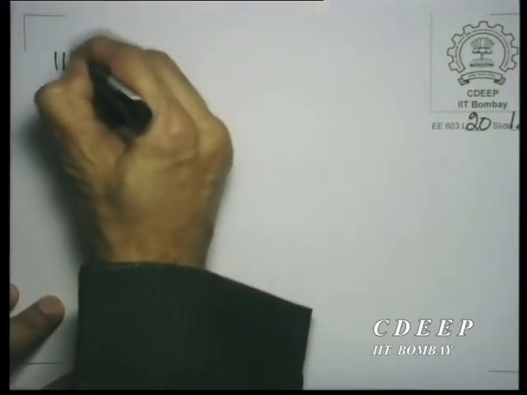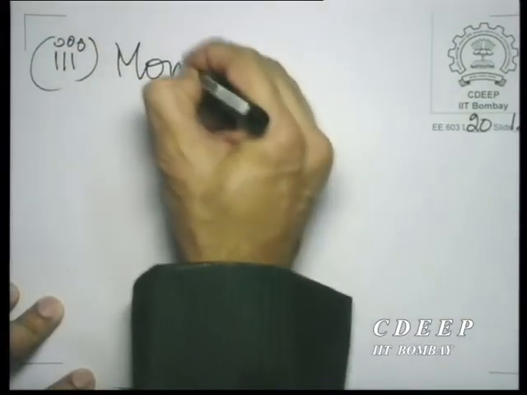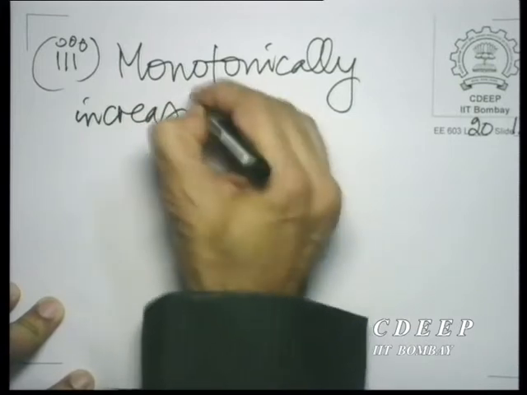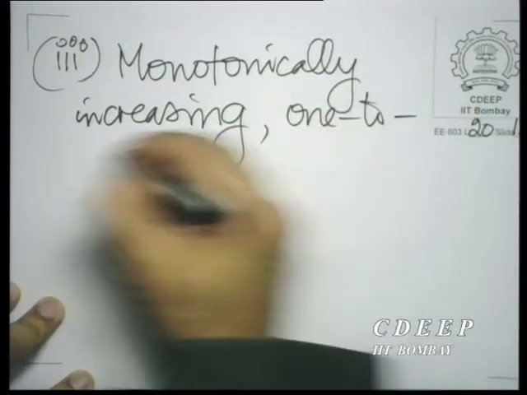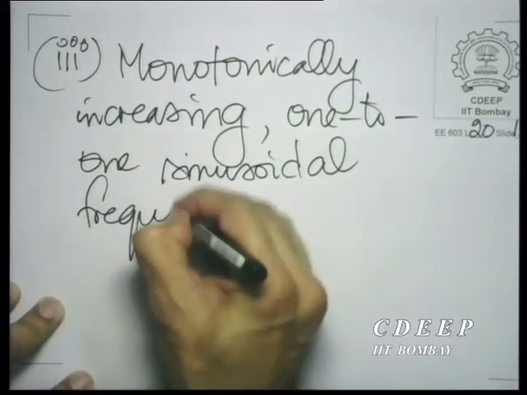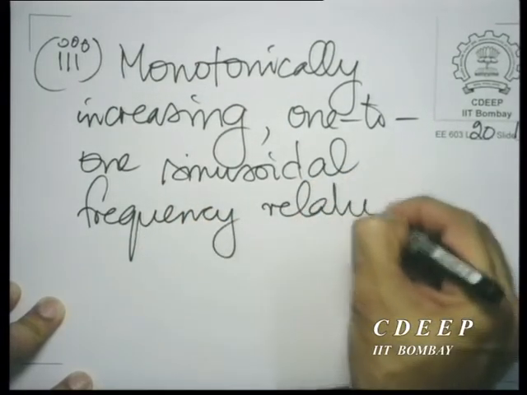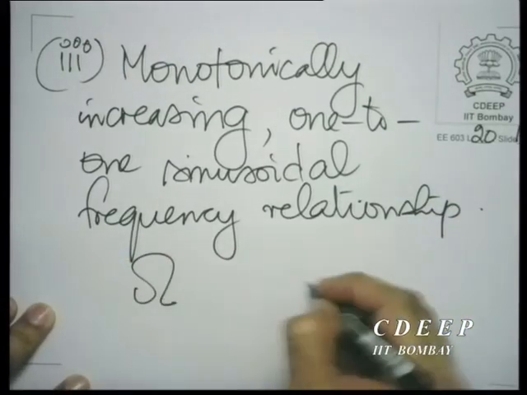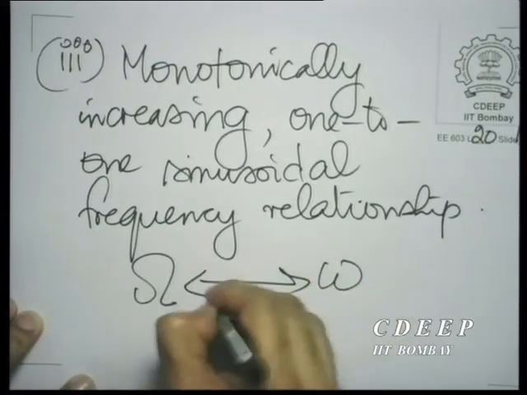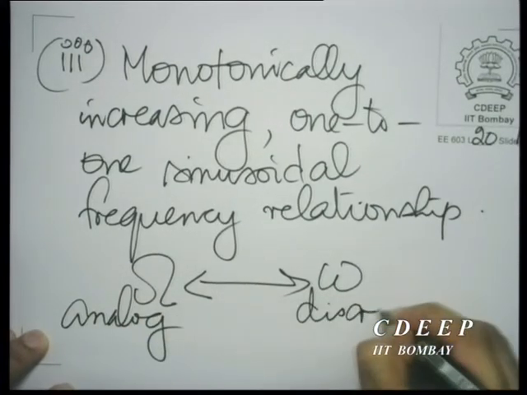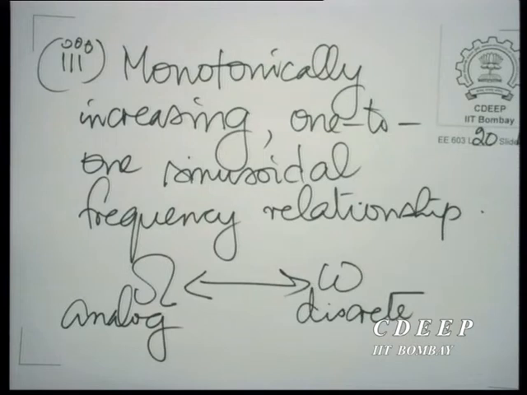The third condition is that there is a monotonically increasing one-to-one sinusoidal frequency relationship between omega and small omega. This is the analog sinusoidal frequency and this is the discrete sinusoidal frequency, normalized of course. Small omega is the normalized discrete frequency.